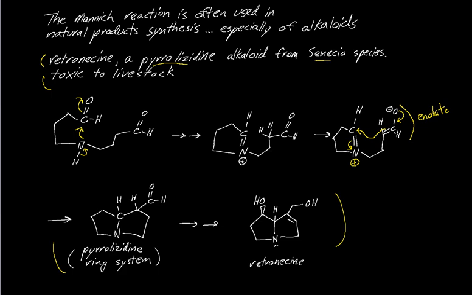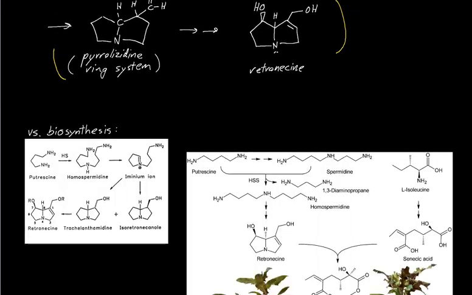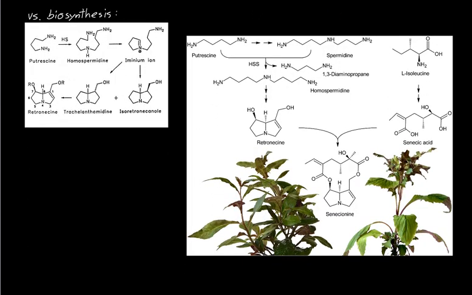There's pyrrolizidine alkaloids that are well known like this, that are simple like this, but also have others that have been made more complex with additional biosynthetic steps. So what we're seeing here on the left is the believed biosynthesis of retronecine here from putrescine, a simple diamine.